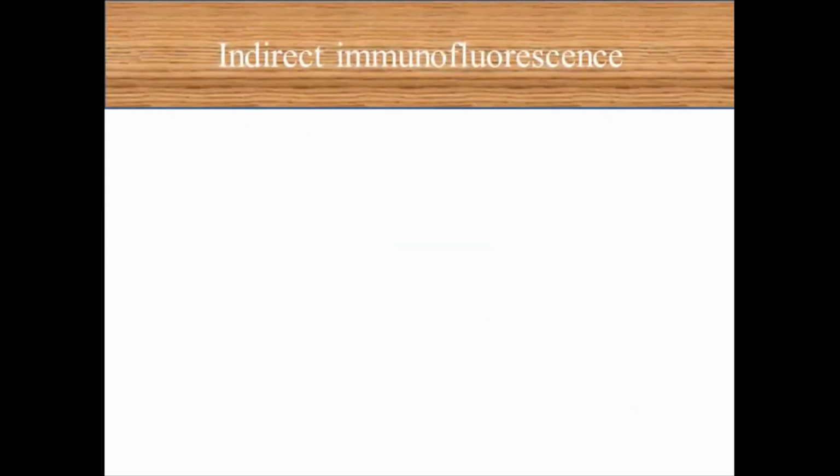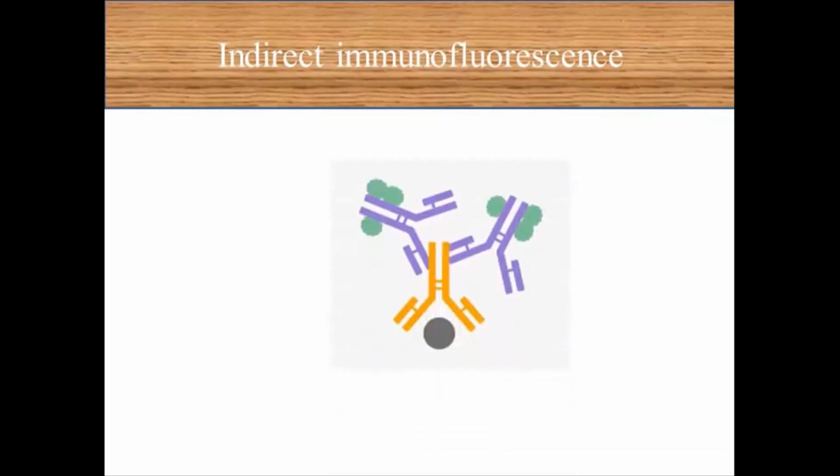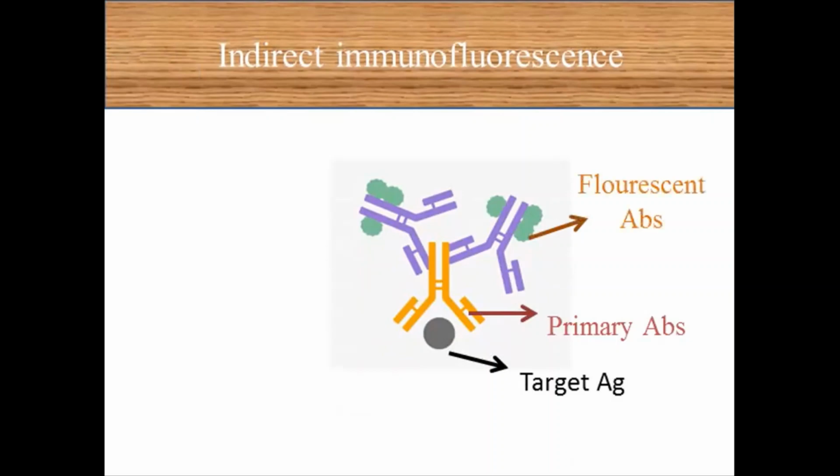Next, we will see indirect immunofluorescence. The primary antibody, which is not connected to the fluorochrome, binds to the target antigen. After its binding, a secondary fluorescent antibody against the primary antibody is allowed to bind to it. So, the fluorescent antibody is attached to the target antigen indirectly through the primary antibody.